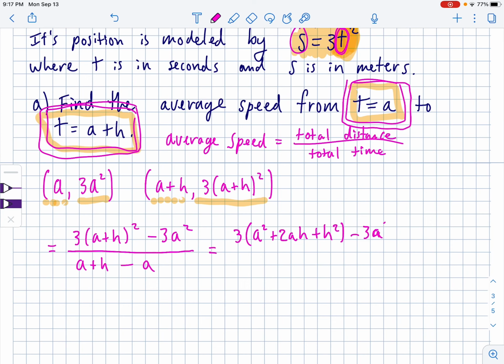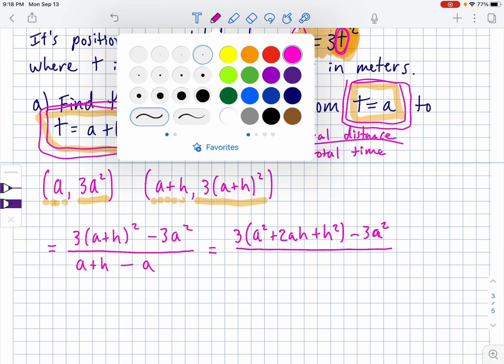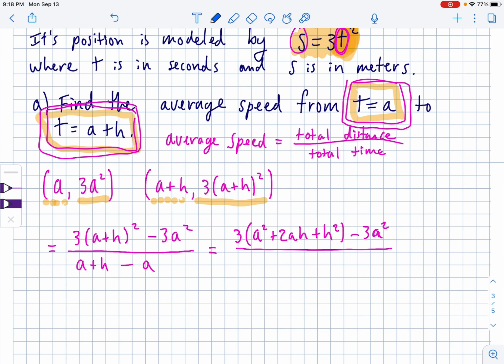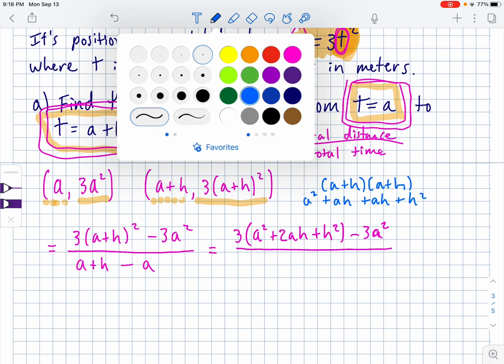If you can't see that immediately, you can always do a little sidebar to FOIL that out. So the sidebar would be, I'll do it in blue right here, (a plus h) times (a plus h), and then you get a squared plus ah plus ah plus h squared, and then there's two ah's in the middle.